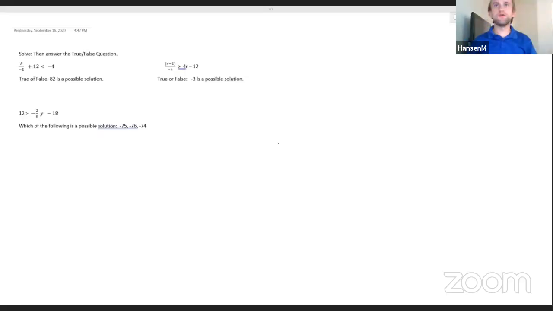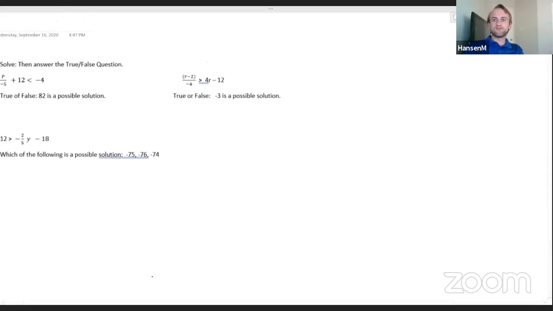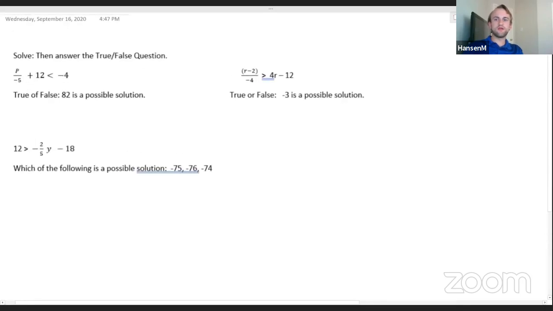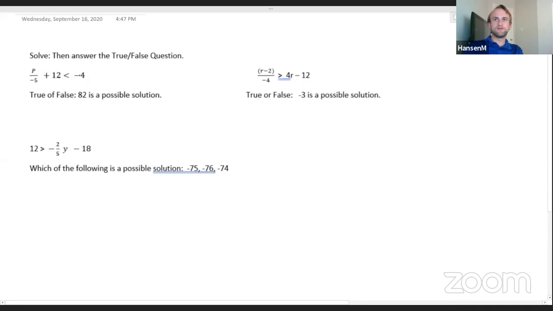First we're going to be looking at these true or false questions with these inequalities. Let's start on the problem on the left here. We have p over -5 plus 12 is less than -4, and we want to see if 82 is a possible solution.